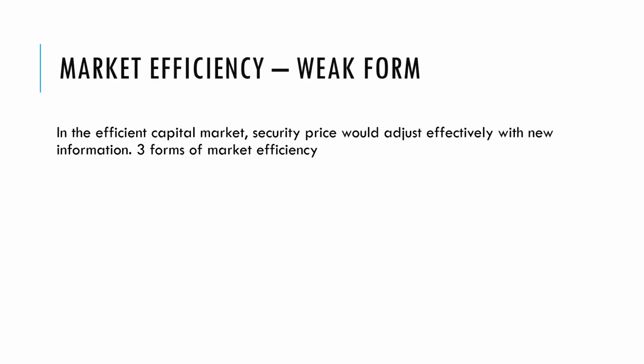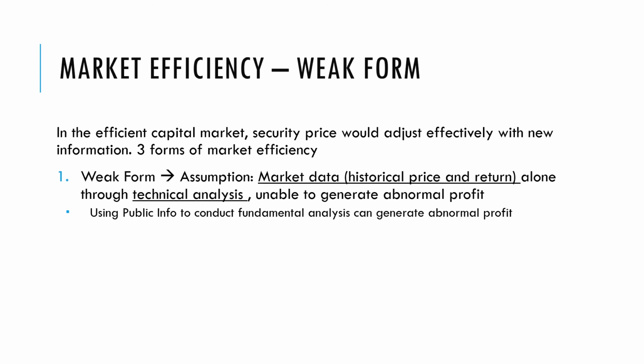This slide summarizes the 3 forms of market efficiency, which are weak form, semi-strong and strong forms. In the weak form, only market data such as price data is available, and using technical analysis cannot generate abnormal profit. Fundamental analysis can generate abnormal profit.